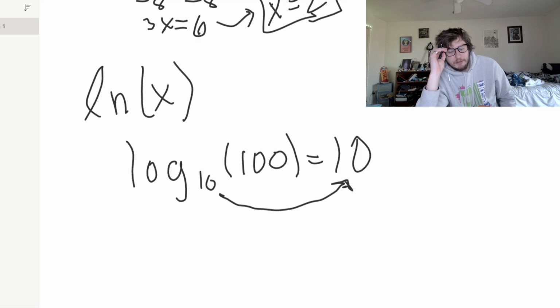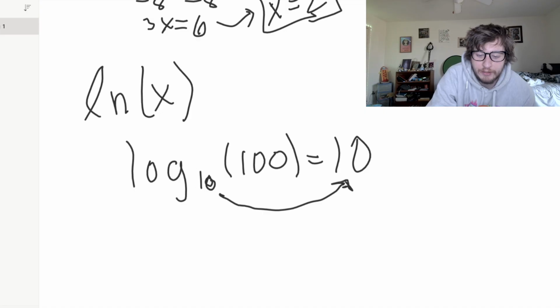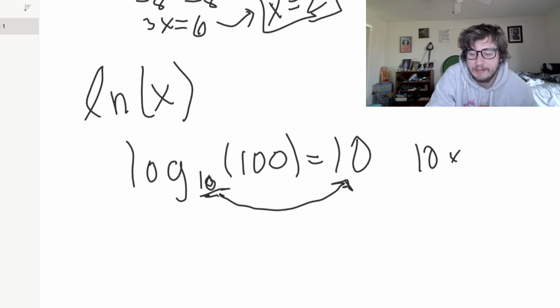I'm trying to think of how to explain why this is. It's log base 10, so 10 down here. Now what do you have to multiply 10 by to get 100? The answer is 10, so that's why this is 10.